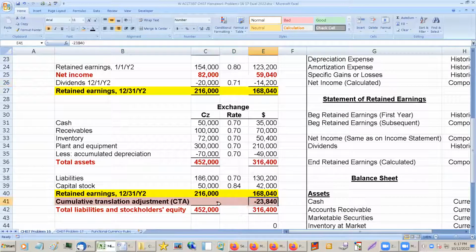One of those journal entries is going to be this cumulative translation adjustment, or CTA, that will come over at the same time. So when we combine our corporations to have consolidated financial statements, we take them and smash them together, and we're going to have that all come over as a journal entry. That's a consolidating journal entry.